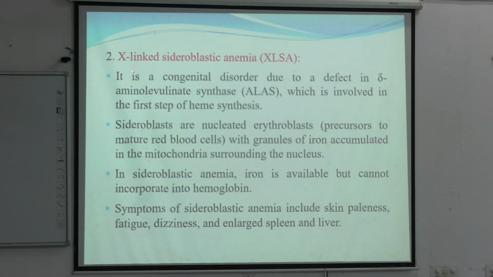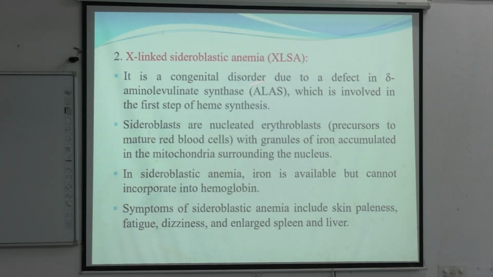Next, the next genetic disorder related to heme synthesis will be X-linked sideroblastic anemia. Okay, so it is a congenital disorder. Congenital means by birth, okay, due to a defect in ALA synthase. ALA synthase itself is defective.